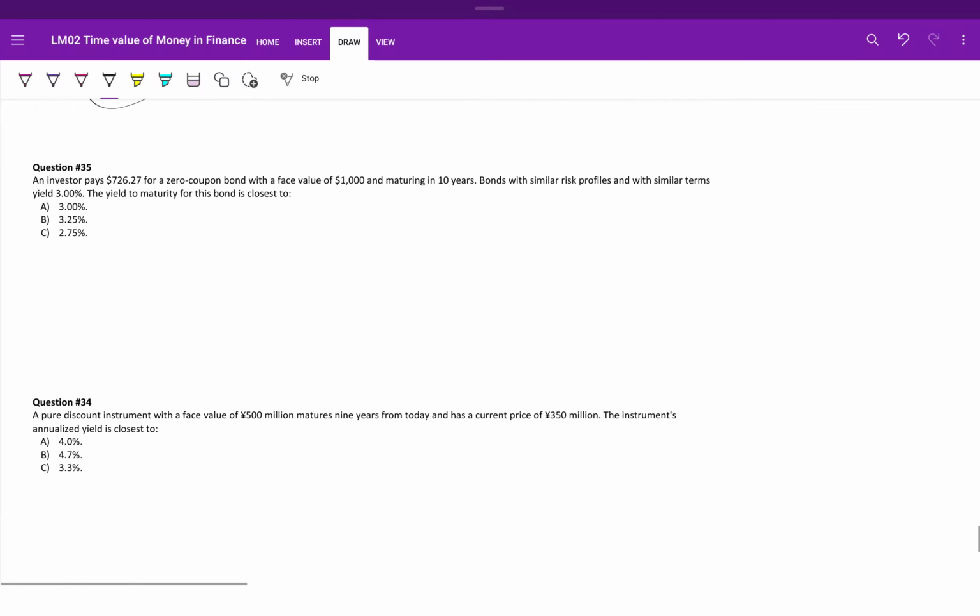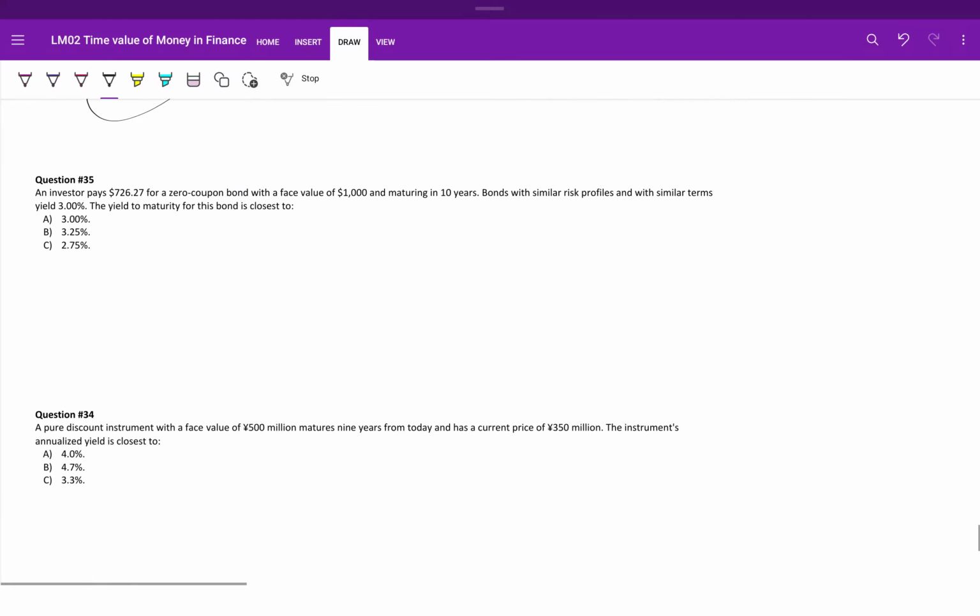So question number 35. In our next question, an investor pays this much for a zero coupon bond. So PMT is 0. This is the present value. Face value means future value. Time is N, and yield to maturity is 3%, I/Y.